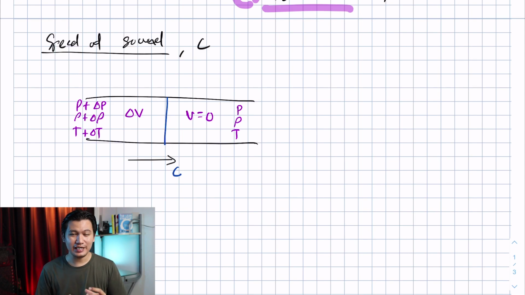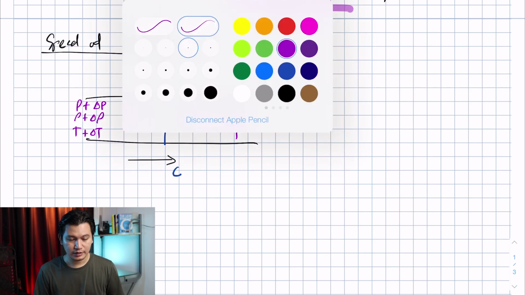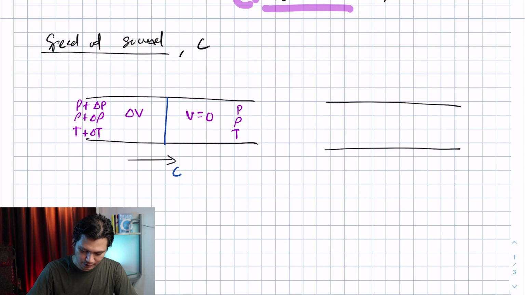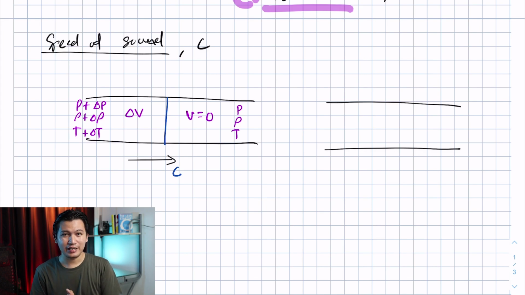And now, let's analyze this in terms of control volume so that we can derive the equation for C. To do the control volume analysis, I'm going to draw another pipe. But now, instead of the pressure moving from left to right, I'm going to assume that the pressure stays constant, but we, as the observer, are actually moving through the pressure.